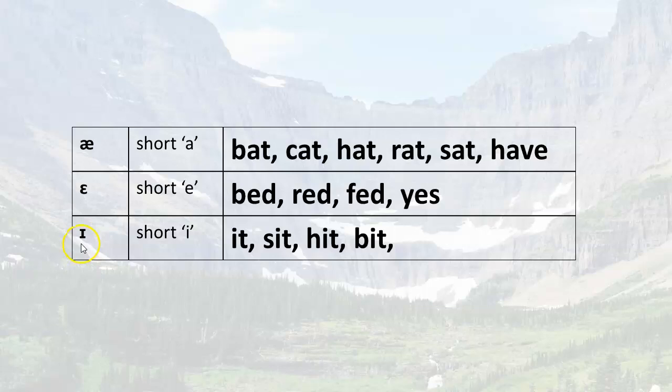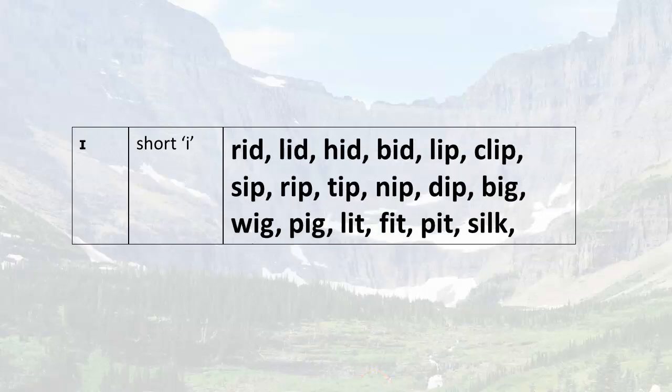Remember words with the short I: it, sit, hit, bit. Let's go ahead and practice more words. These are all English words, and these are all written with the English alphabet. This is not the IPA, this is the English alphabet. But all of the vowels in all of these words are the short I. So remember, if you can say this sound, then you can pronounce all of these words properly.